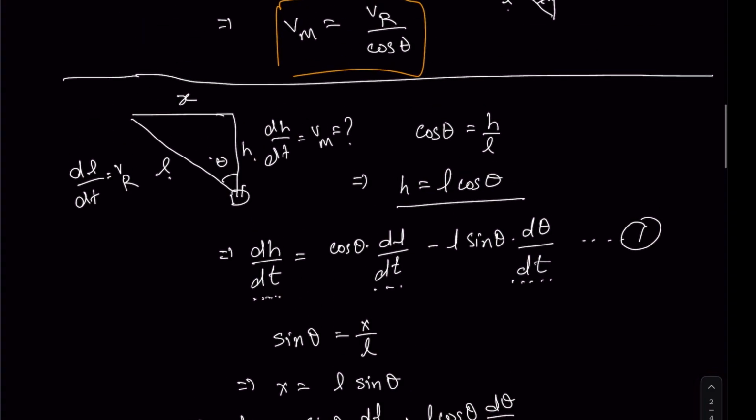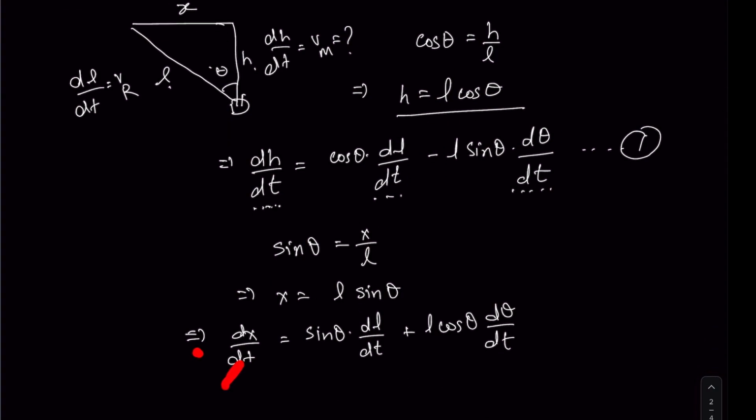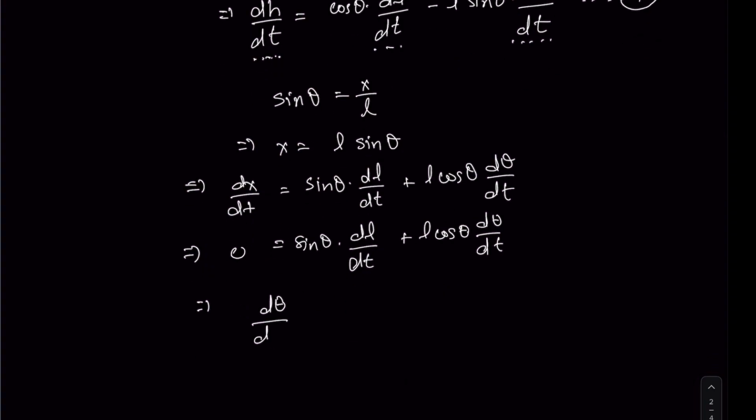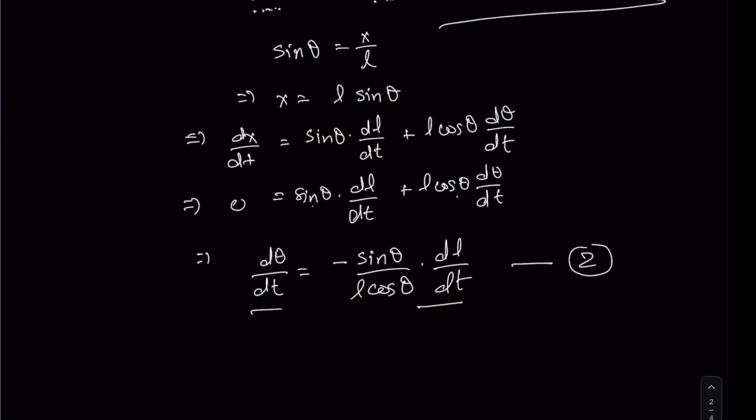As we know, in the scenario of the problem, x does not change. So dx over dt is 0. So 0 equals sin theta dL over dt plus L cos theta d theta over dt. So this implies that d theta over dt equals minus sin theta over L cos theta times dL over dt. Let's call it 2.